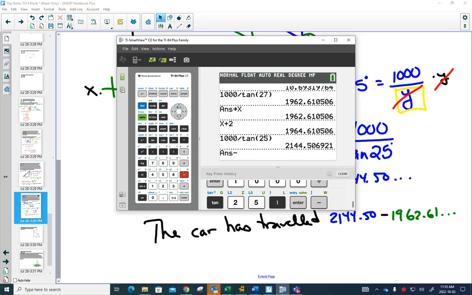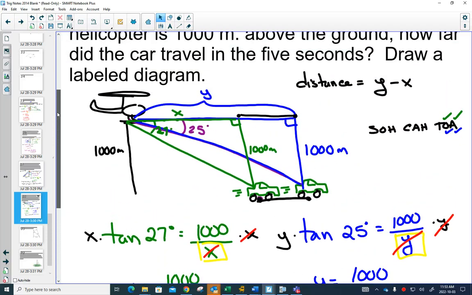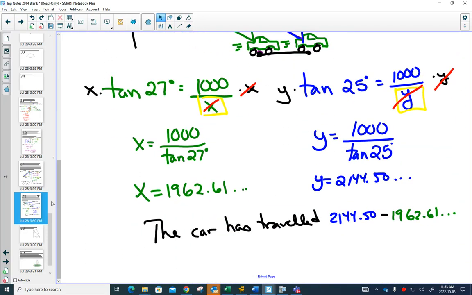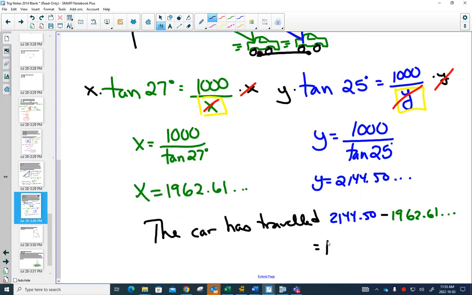And now I could either retype in my answer for X, but since I've stored my answer as X, I can just go my answer minus X, push enter, 181.90. Does it say what to round to? No. So I'm going to round to 2 decimal places. 181.90.